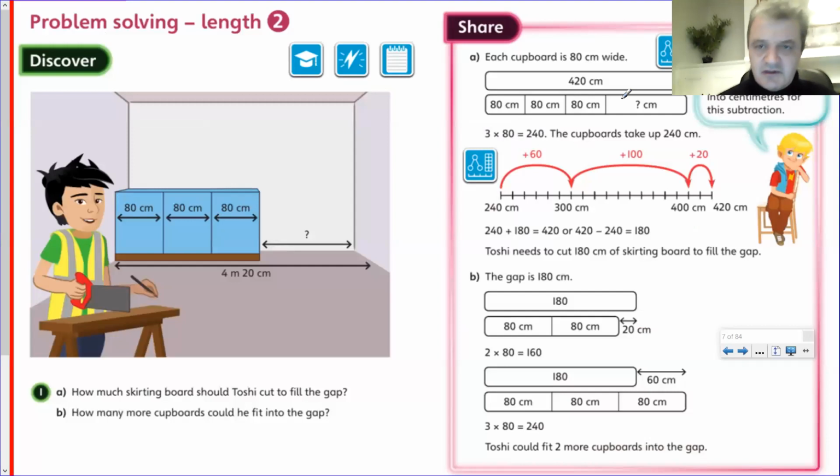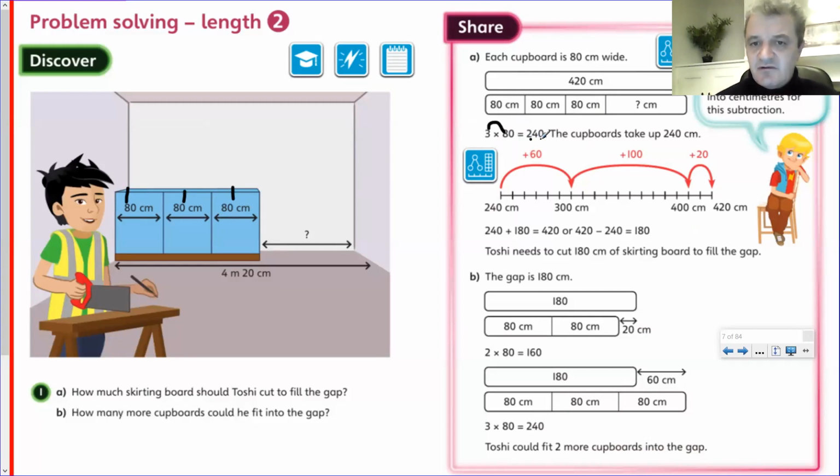So we've got 3 lots of 80 centimeters. I'm going to do a 3 times table. 3 times 8 is 24. I'm not timesing it by 8, I'm timesing it by 80, so I need to make it 10 times bigger.